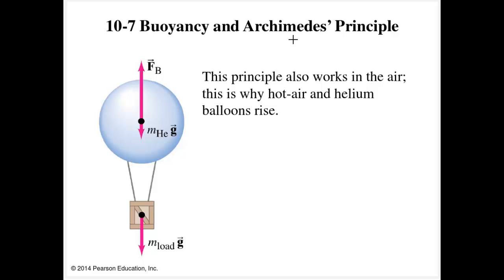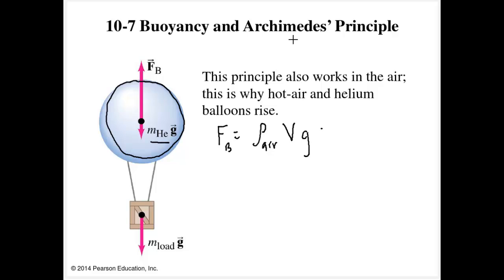Archimedes' principle also applies in air, remembering that air is a fluid. Here we have a hot air balloon that's going to displace a fairly large volume of air, so we're going to have a buoyant force equal to the density of the fluid, in this case air, multiplied by the volume of the balloon multiplied by gravity. On the downward side, let's just take a look at this guy right here.